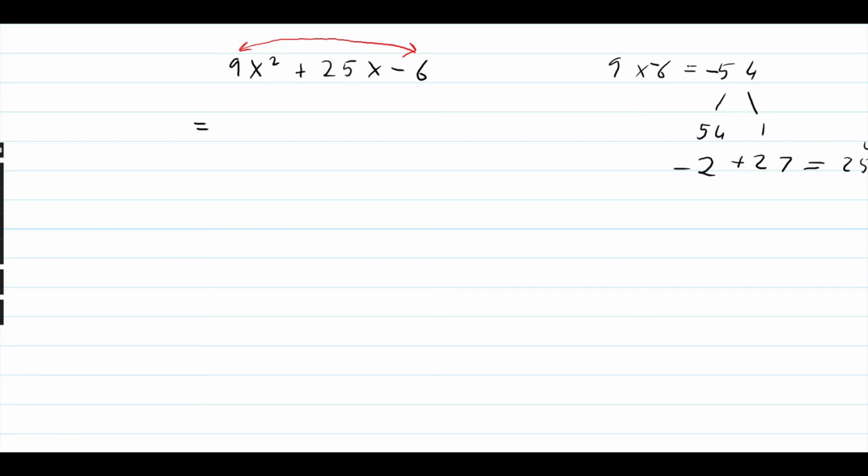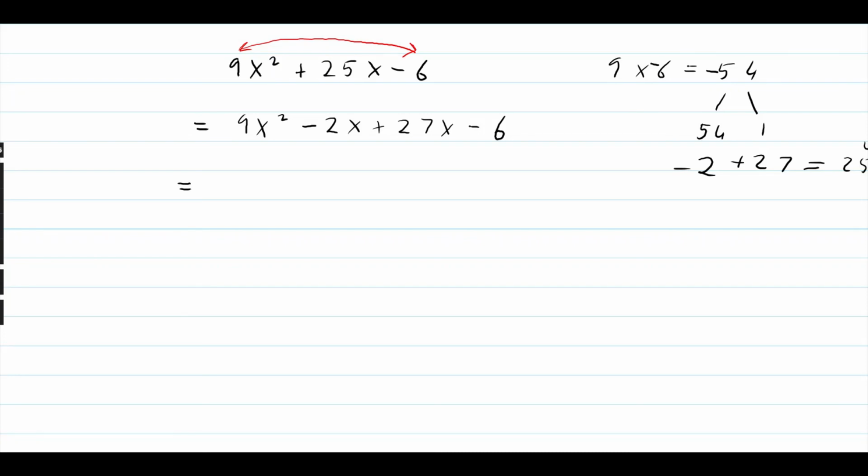So we go up here then and we say 9x squared, leave that as it is, and then minus 2x plus 27x minus 6. Now we're going to go and factorize it. So 9x squared minus 2x.